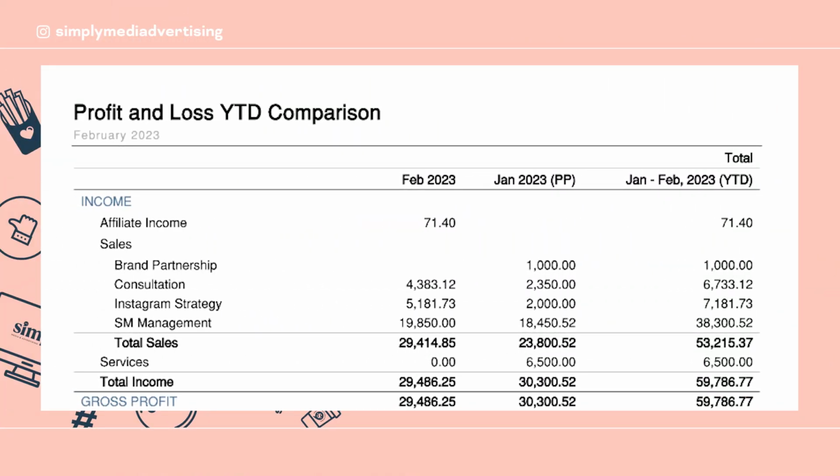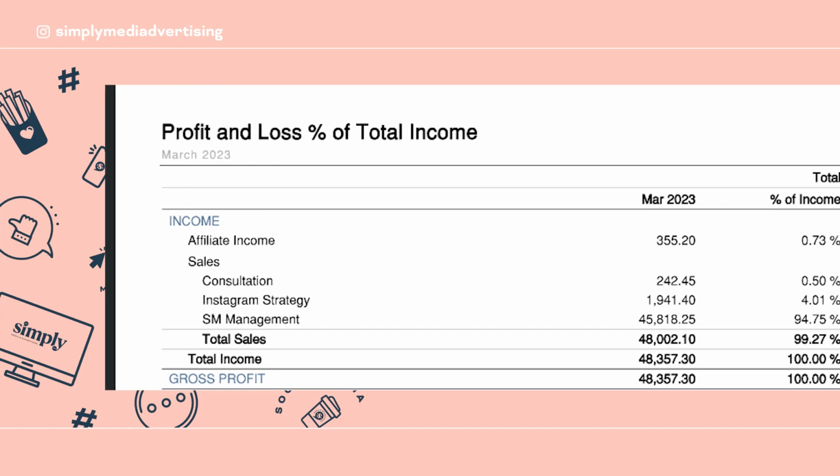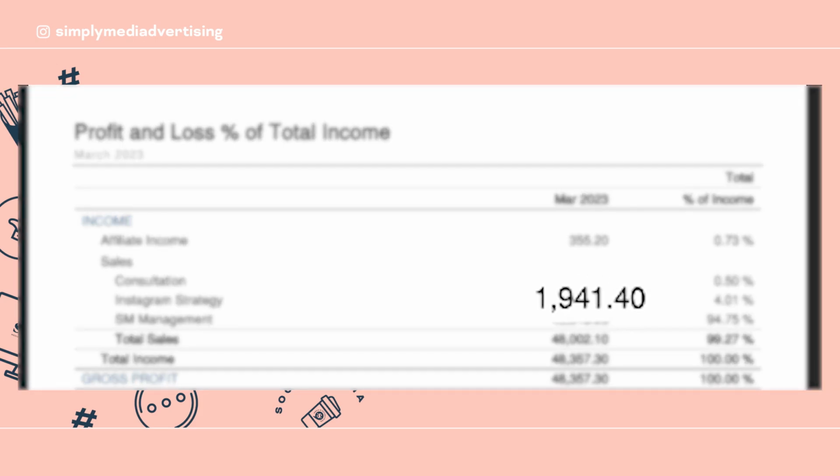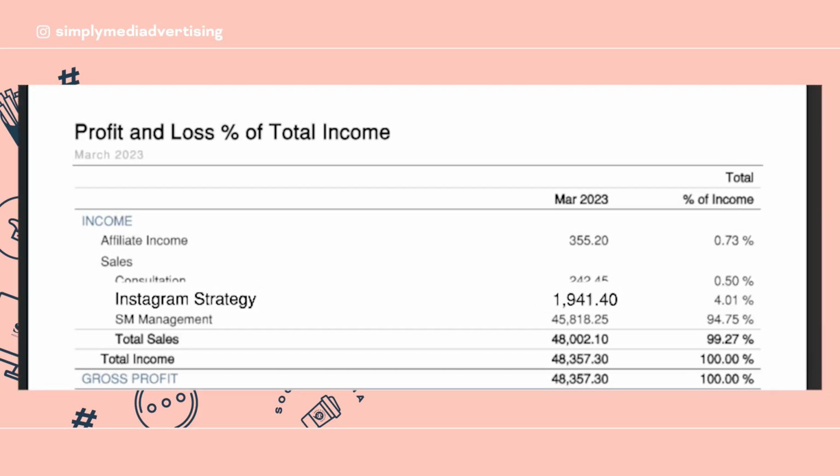So here you can see that it's about $7,000. Now in the last receipt here from March, you can see that the agency made about $48,000 and around $2,000 again came from strategy. So in these 3 months alone, that is about 10K extra in our business, which is a great cash infusion around the other offers we have in terms of social media management for the agency.